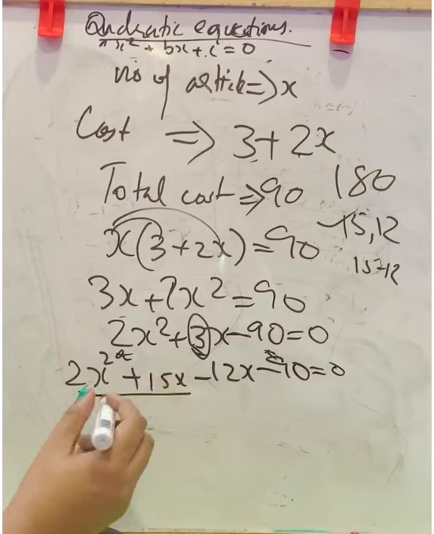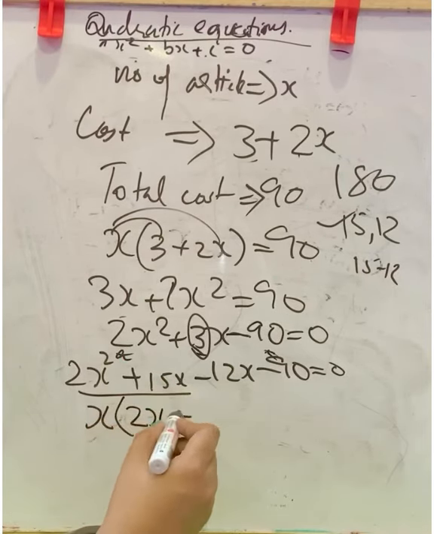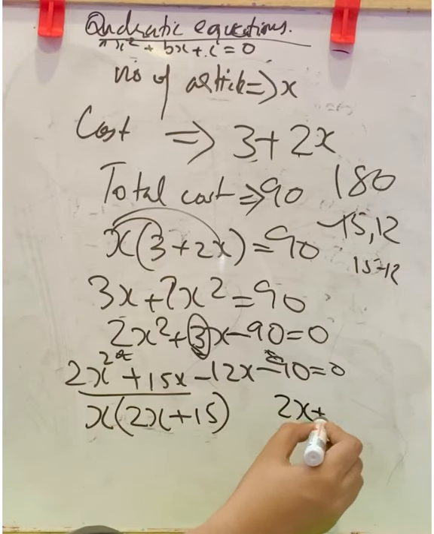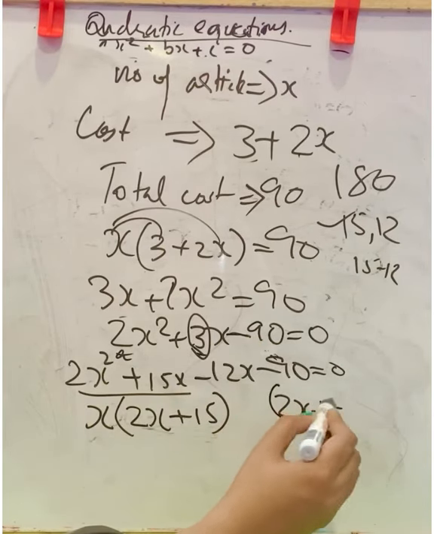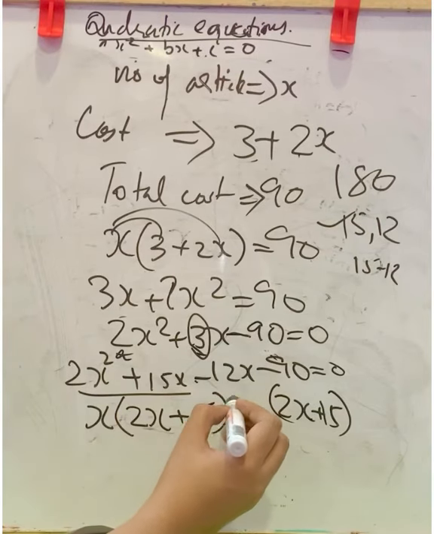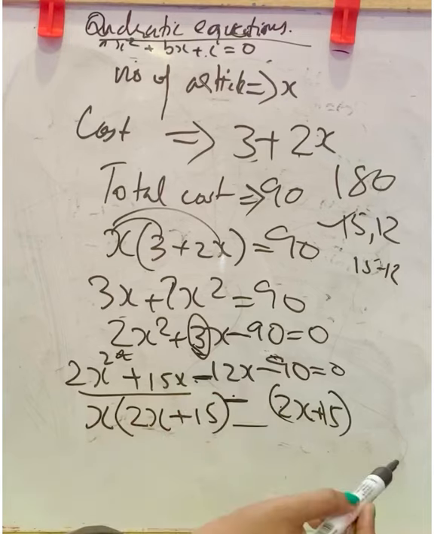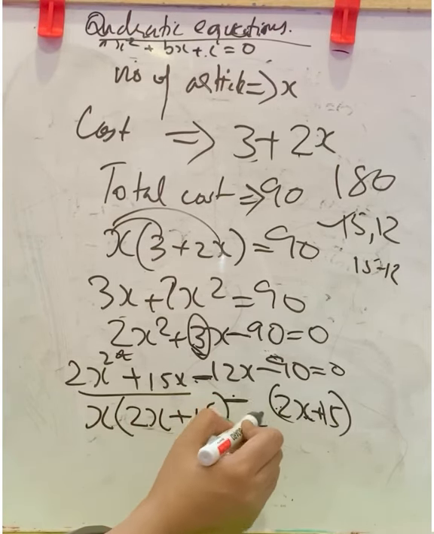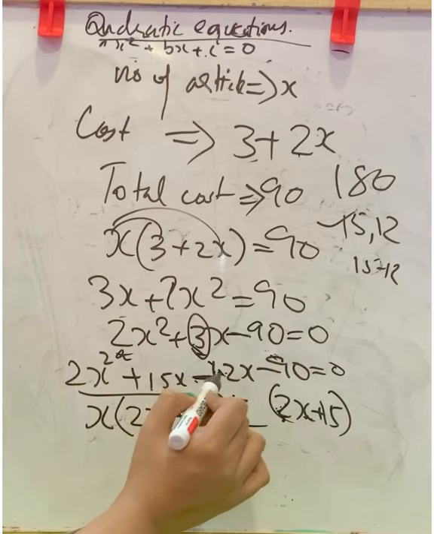From these two terms, x is common, so 2x plus 15. Now write 2x plus 15 here in the bracket. Now, from 2x minus 12x we take a negative, because negative into 2 only will give a negative answer here. Now 2 is already here, x is already here, so we don't want to write x here. Only these coefficients you can check, 12 and 2.